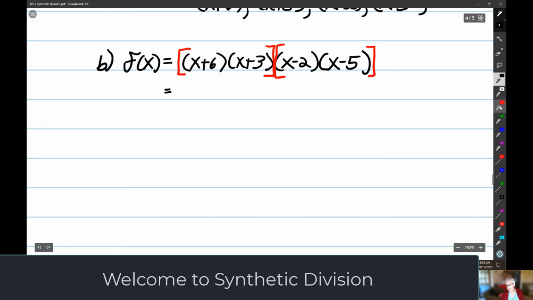So let me make my little arrows. I'm going to take the x, multiply it by x, x multiplied by 3, plus 6 multiplied by x, plus 6 multiplied by 3, and do the same kind of thing over here. x times x, x times negative 5, negative 2 times x, negative 2 times negative 5.